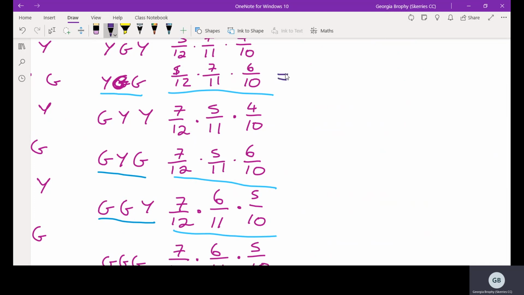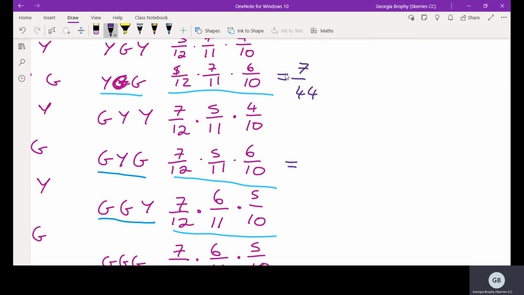Okay, so straight into your calculator there. You're just going to work that out. Yellow, green, green. If you put in those 3 fractions, you should get 7 over 44. Your next one then is green, yellow, green. 7 over 12 multiplied by 5 over 11 multiplied by 6 over 10.